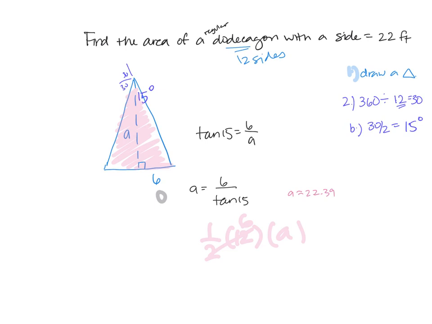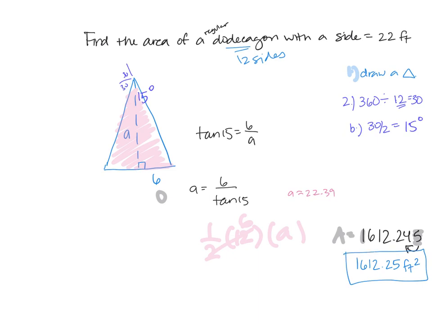And then I'm going to hit times 12 triangles, and I get that the answer is around 1612.245. So I'm going to round this up to say that my answer is 1,612.25 square feet.